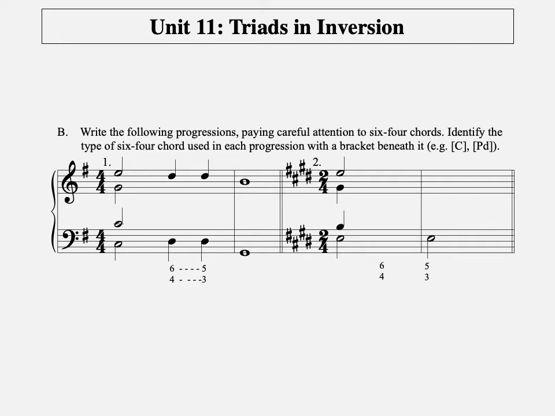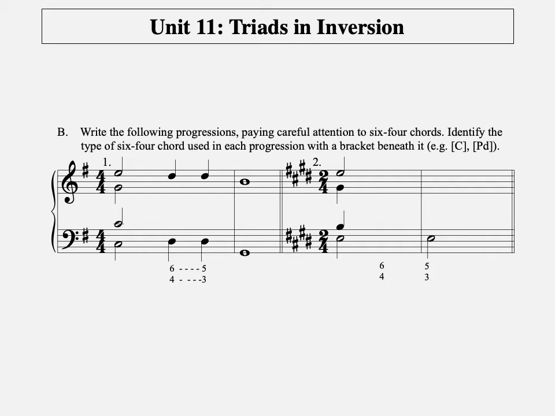Remember, figured bass numbers are literally always telling us about numbers that need to happen above the bass voice. So if there's a 6, it means there's a sixth above that D. So all you got to know is what note's a sixth above D. It's a B. If there's a 4 and the bass note's D, it means there's a fourth somewhere above that D. And whenever we have those little dashed lines or hyphens connecting two numbers, that means that needs to all happen in the same voice.